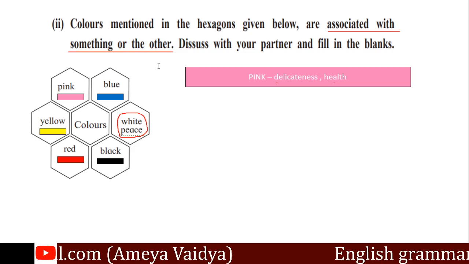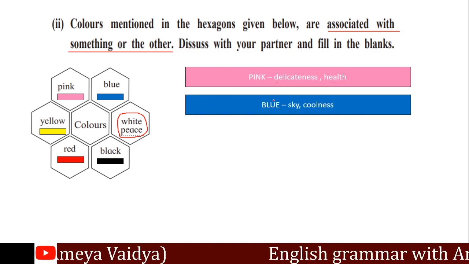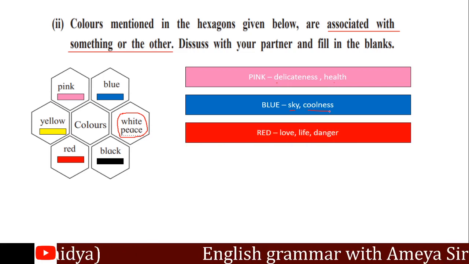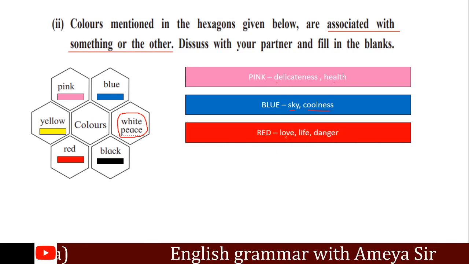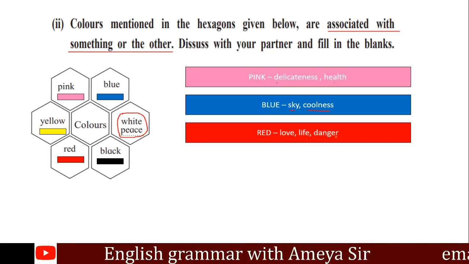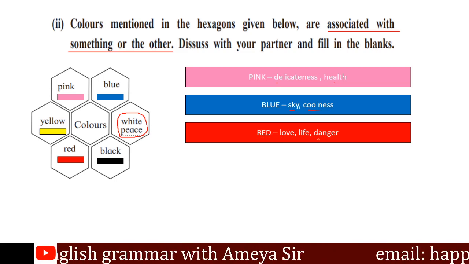So pink suggests delicateness and health. The blue color shows sky or coolness always. The red color shows love and life. What is ironic is it also shows danger. Isn't it ironic? The red color shows love, also danger.